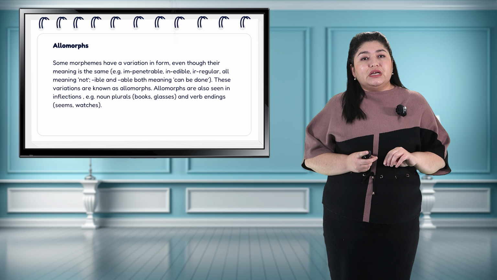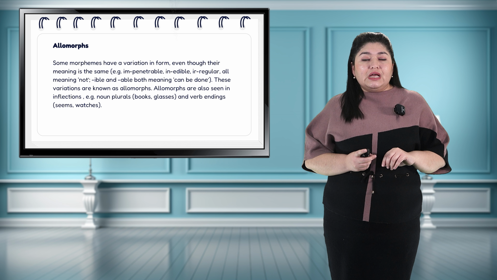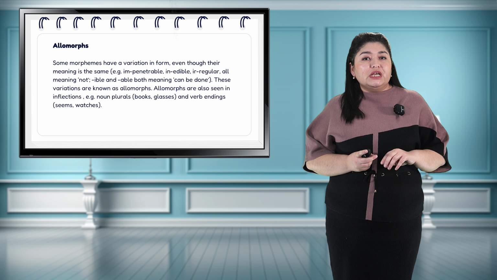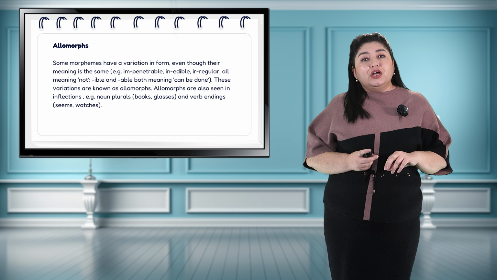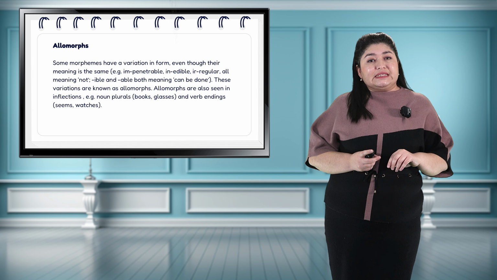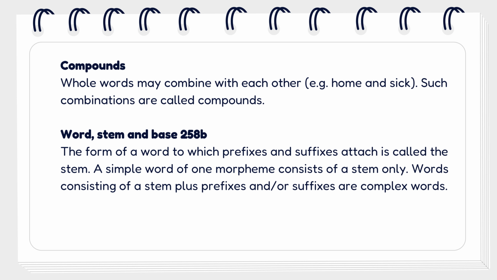These variations are known as allomorphs. Allomorphs are also seen in inflections. For example, in noun plurals, books, glasses, and verb endings, thinks, watches.